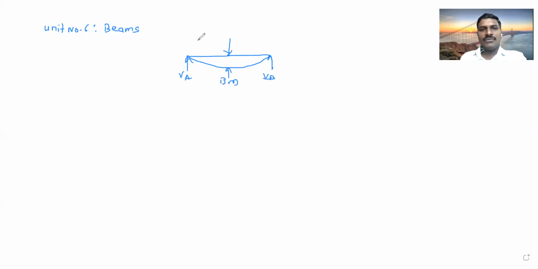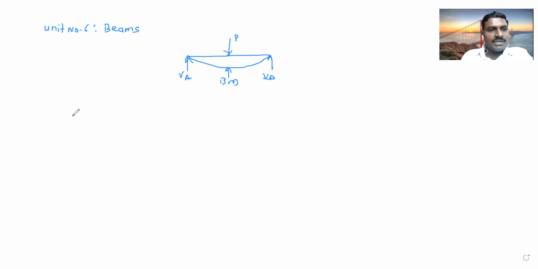Are you getting it? With this sketch, I have explained this definition of beam. Beam is a structural member subjected to transverse loading in the plane of bending. This is the bending plane, causing the shear force and bending moment. So it is nothing but the beam.